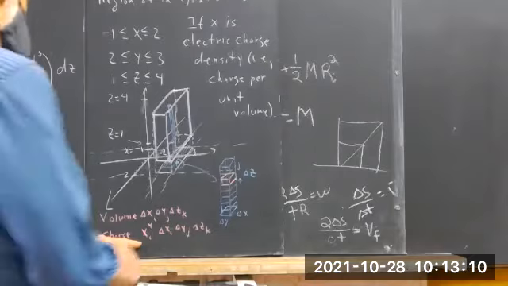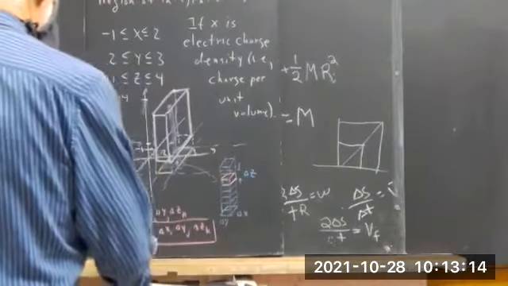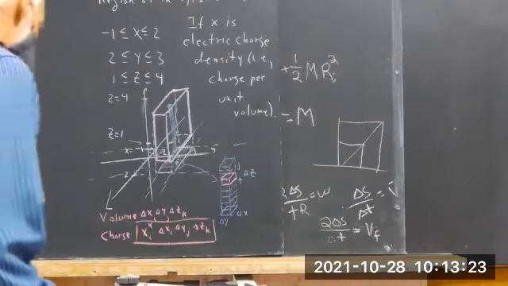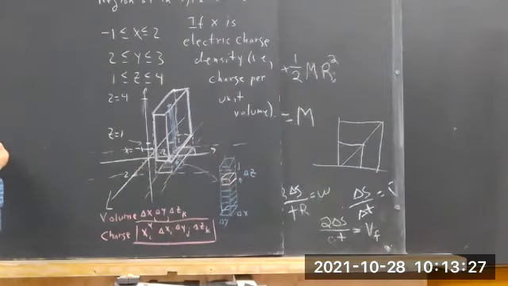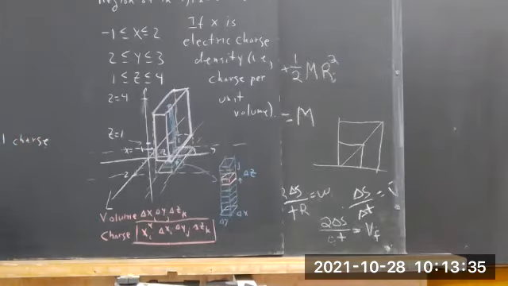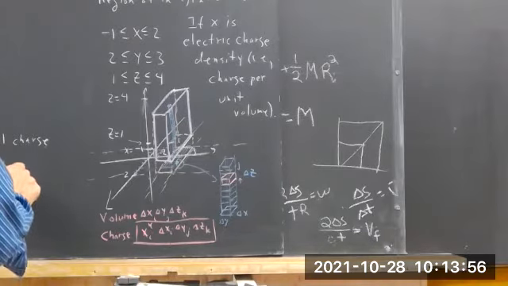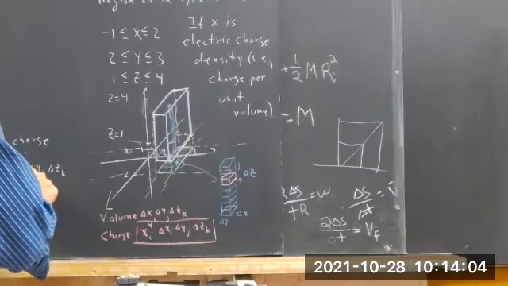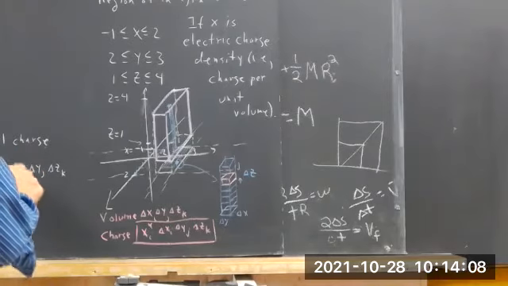So we go from this charge to total charge, which we could generally write as a sum, i equals 1 to M, j equals 1 to M, k equals 1 to P, of density times volume.